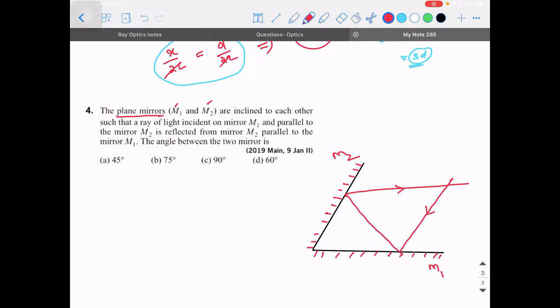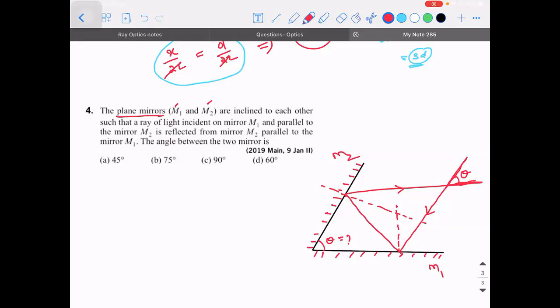So what are they asking? The angle between the two mirrors, theta, is how much? Let's think. If this angle is taken as theta, then this is a line parallel to M1 and this is a line parallel to M2, so this will also be theta.